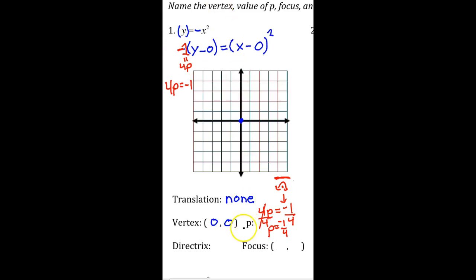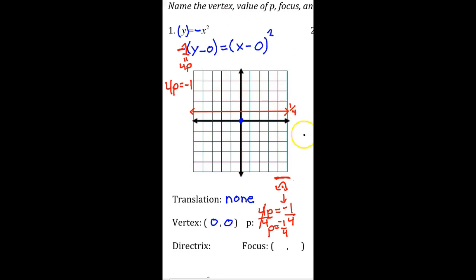The directrix is going to be 1/4 unit up. So I am going to count by quarter units here. There's my directrix, and this is going to be 1/4 unit. Technically the next one would be 2/4, 3/4, 4/4, and so on. That way we can graph these a little bit easier.